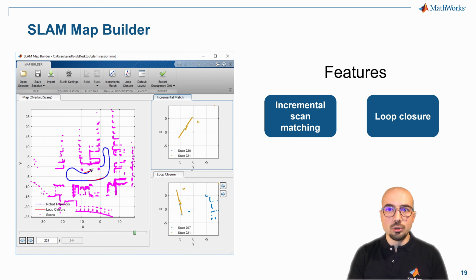Then we have the loop closure, another feature that allows us to compute closed paths for the robot in order to correct the odometry information, that suffers from some drifting due to the non-idealities of this type of acquisition.